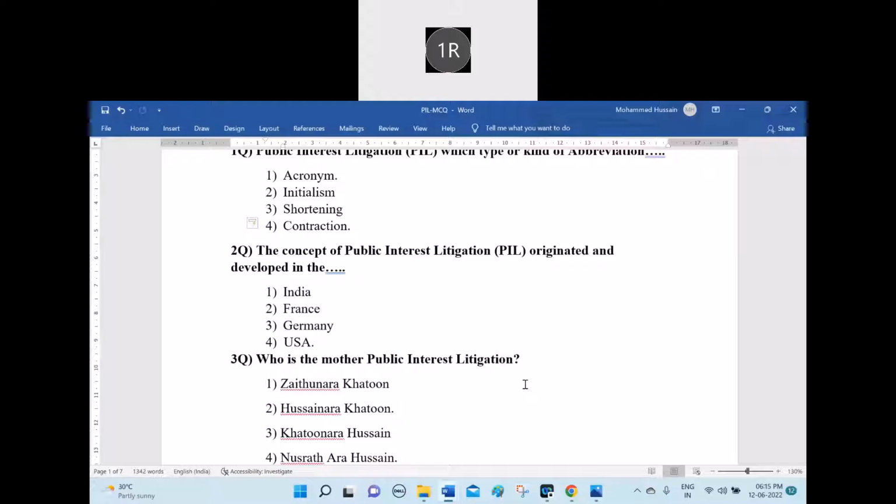The second one, Hussainara Khatun, is the right answer. The other names I fabricated. She applied the PIL for the prisoners. 40,000 prisoners were taken out from the prison after Hussainara Khatun filed a case of PIL. In which state? The state of Bihar, sir.